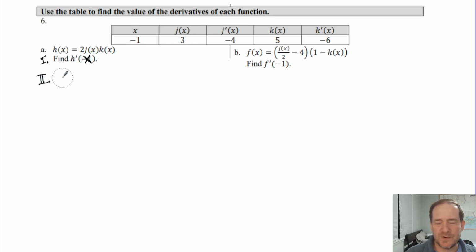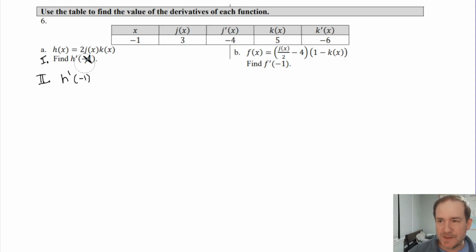In part 2 I'll go, okay, now that you've got the derivative, find me h prime of -1. But I definitely want you to work from the general then to the specific. So don't be plugging stuff in too early, because A, you're honestly more liable to make a mistake, and B, I expect to see the general derivative before I see any final answer.